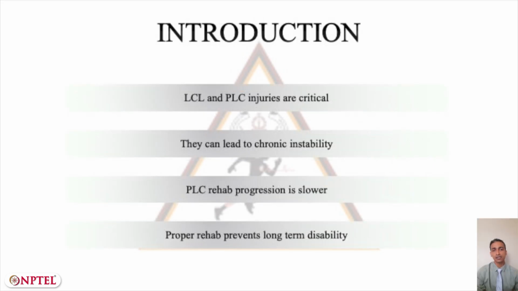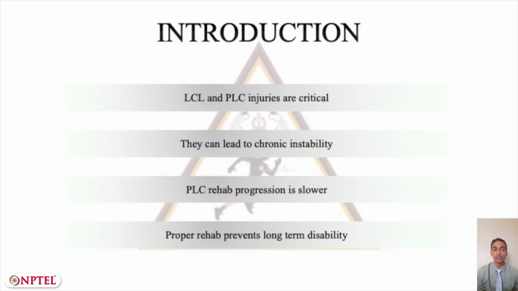In the previous class, we studied MCL injuries. LCL and posterolateral corner injuries don't get talked about as much as ACL or MCL, but they are just as critical. Overlooking PLC injuries can lead to chronic instability and poor rehab outcome and prognosis.